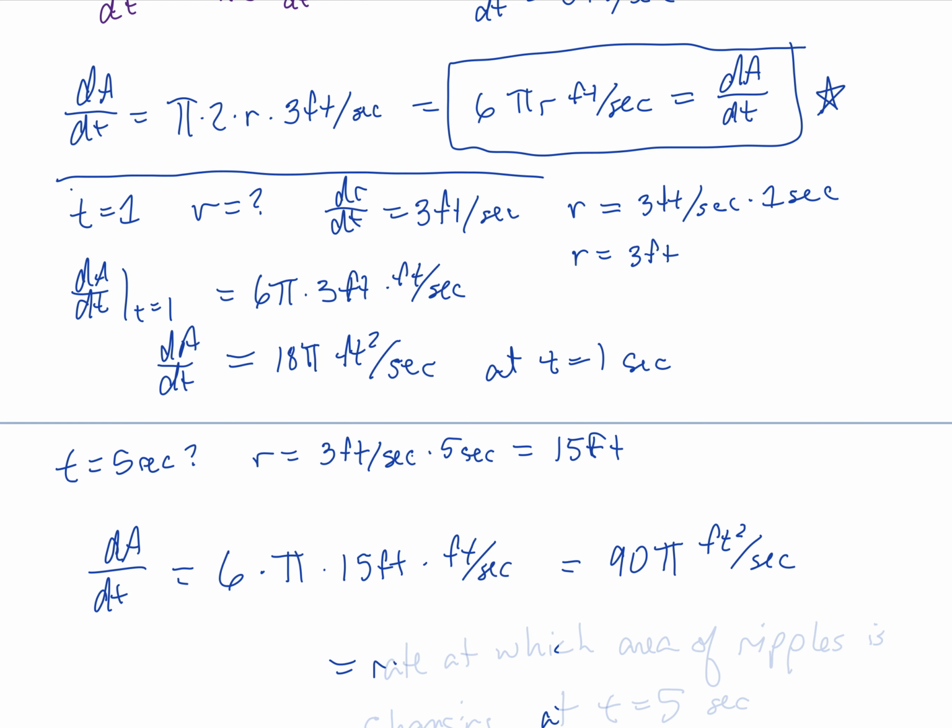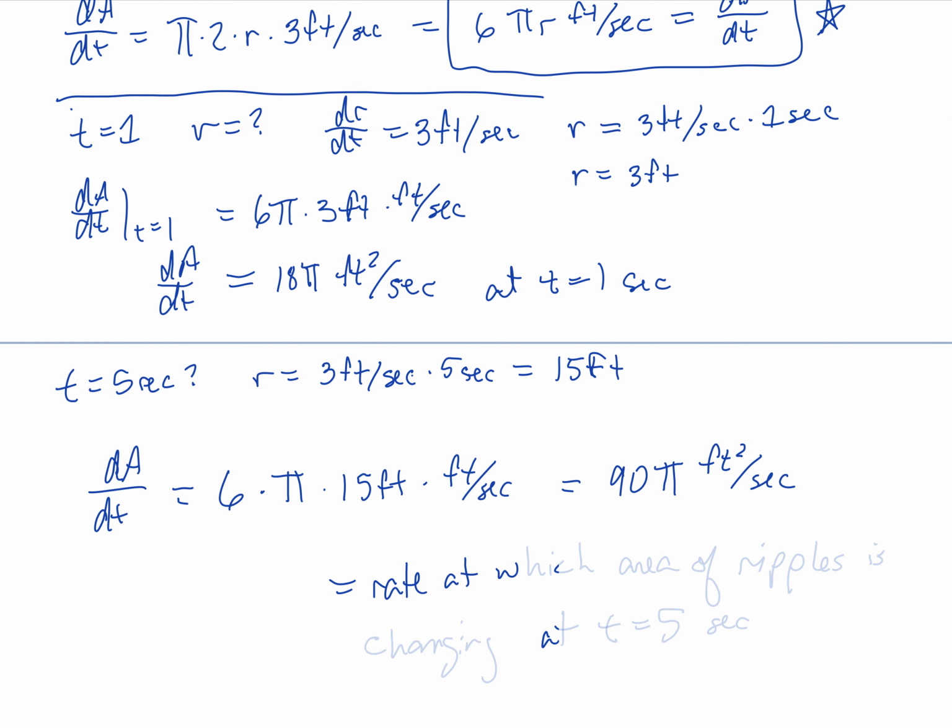That is the rate at which the area of these ripples is changing at t equals 5 seconds, 5 seconds after we dropped the pebble into the water.